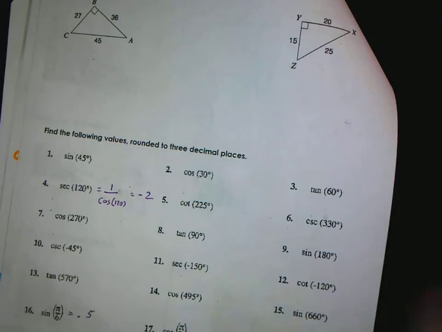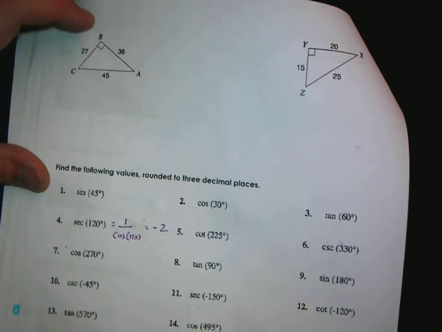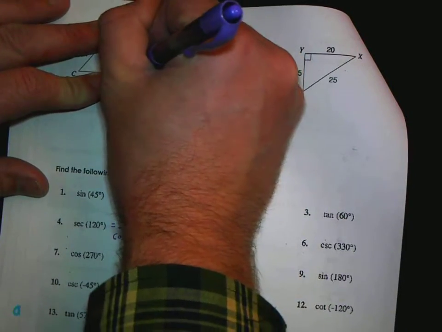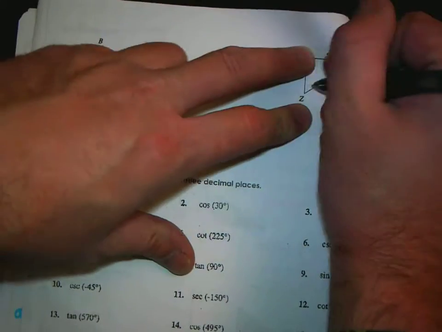Oh, by the way, notice all of these are right triangles. These do not work unless you have a right triangle. Did you get all those? And then on this one, we'll let the reference angle be here. And for this one over here.